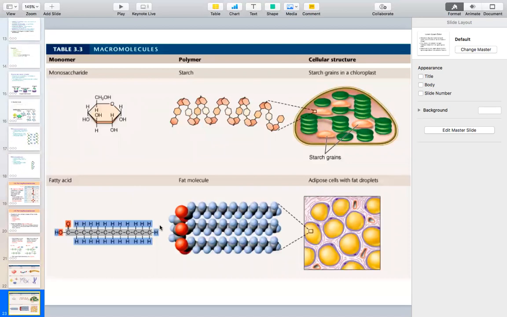We have a bunch of monosaccharides joined together, we make our sugars, and then those are the starch grains that you can find in chloroplasts. Remember, the chloroplast is important for making carbohydrates by using sunlight, carbon dioxide, and water to make starches and so forth. And then here are our lipids. This is a fat cell holding a droplet of lipids. These are triglycerides. This is how we store our fats in our body, through triglycerides.